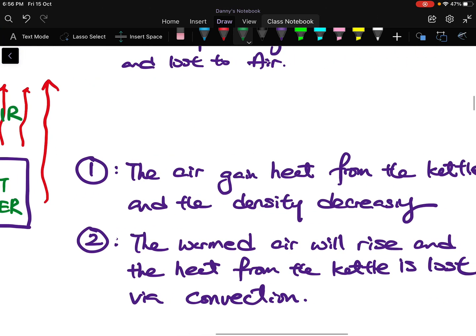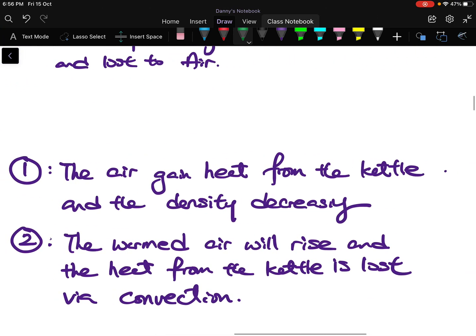So it is important for you to identify, like I said again, and not forget to highlight the beginning of the process, right? It is the air nearest to the kettle. This is the air that will get heated up first, right? So the air nearest to the kettle will gain heat from the kettle.